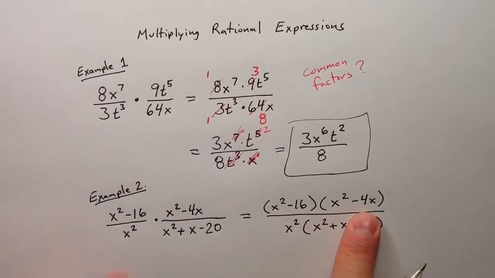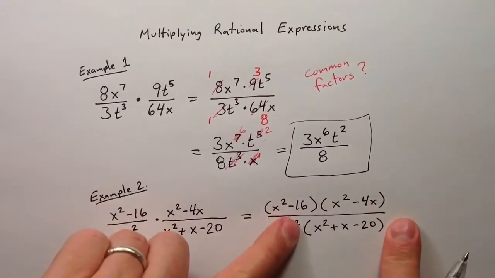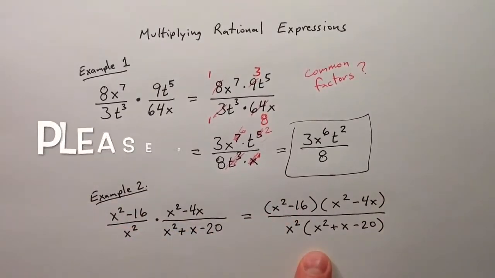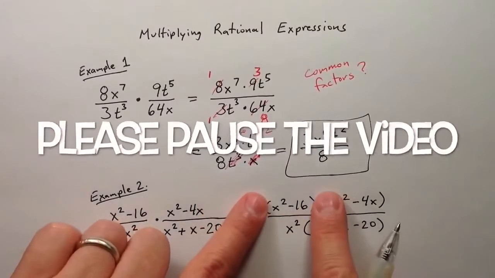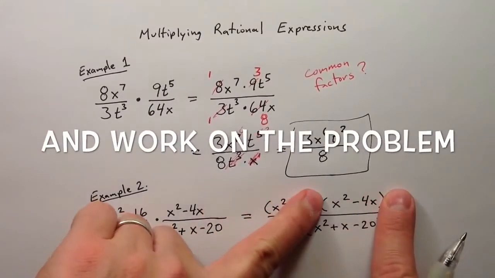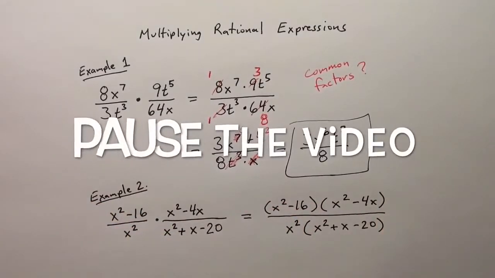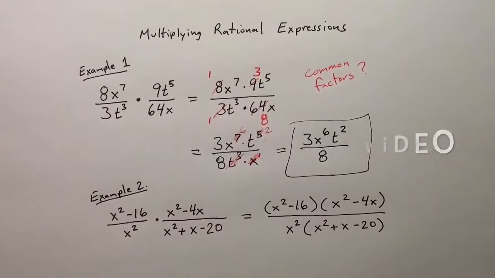The expressions in parentheses, we might be able to split them up into smaller parts. So what I would encourage you to do is pause the video for a moment, think about how you could factor each of these expressions in parentheses, and if there are any common factors that we could then cancel. In just a moment I'll work through the process, but I encourage you to think about it on your own for a moment.